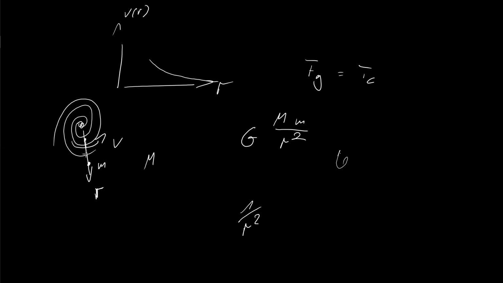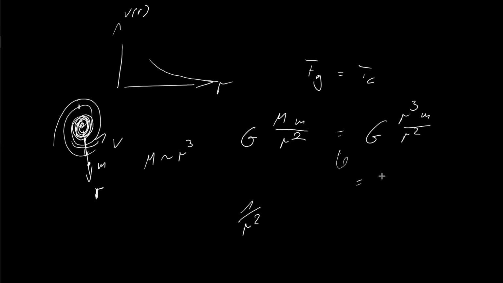Now inside, we have stuff that is pulling outwards and stuff that is on the inner side. If we say only the stuff on the inner side really counts, how much mass do we have in there? This is proportional to the volume inside, so the mass is proportional to r to the power of 3. Entering this, we have G, r cubed, m, over r squared.